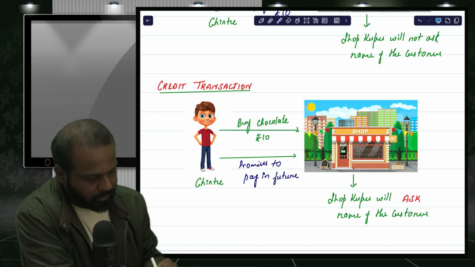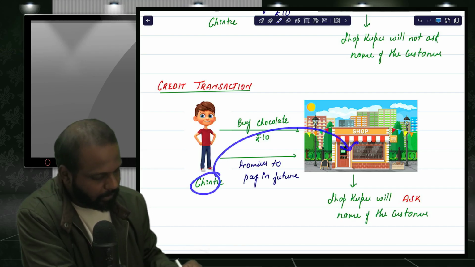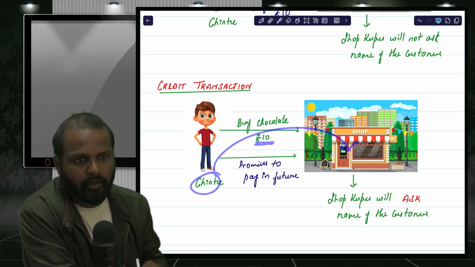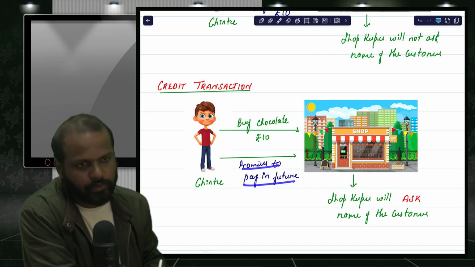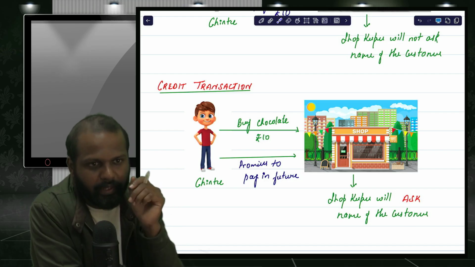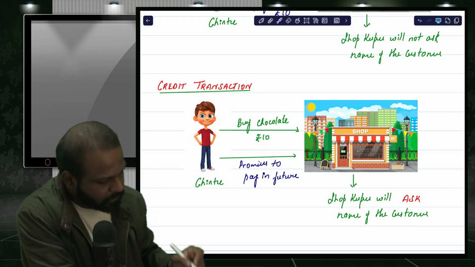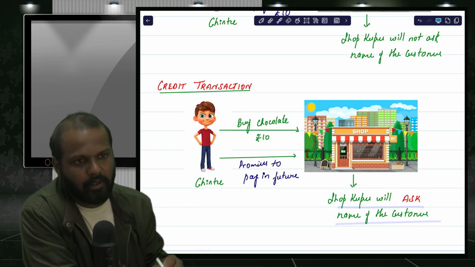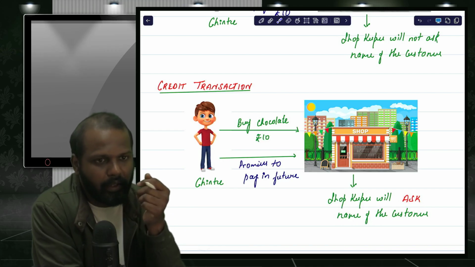So let us say Chintu goes to the shopkeeper and he asks for a chocolate of rupees 10, and he promises to pay this money in future. He will tell the shopkeeper, I don't have money now, I'm going to pay after 2-3 days. Now what will happen? The shopkeeper will ask the name of the customer before he gives the chocolate.